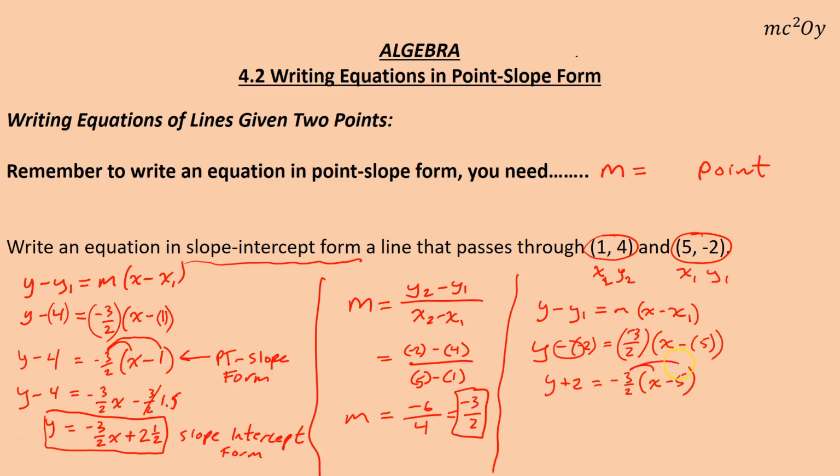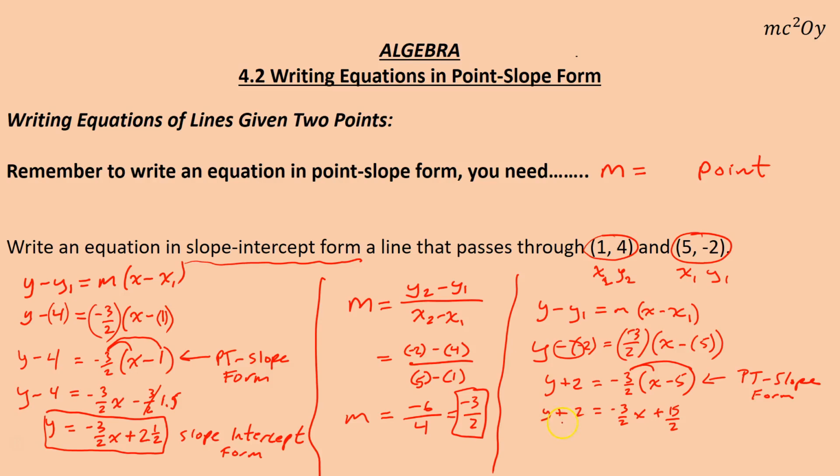We distribute, where this is our point slope right here. We get y plus 2 equals -3/2 x, and negative times negative is positive, and that's 15/2.